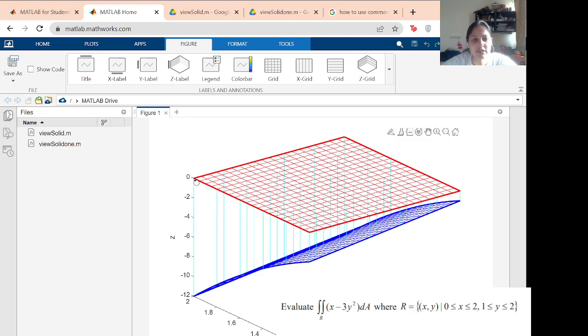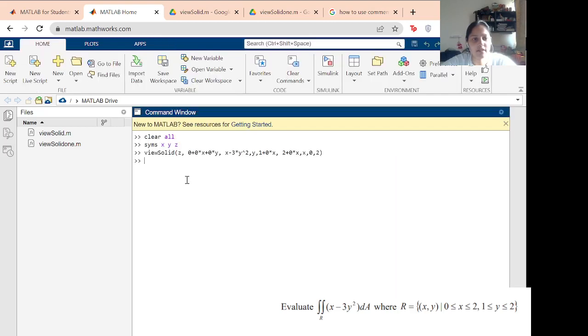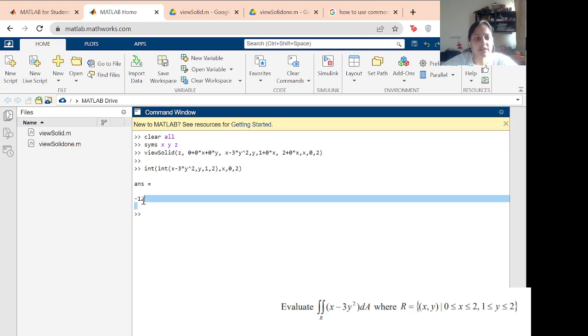As you can see that z is negative, so the answer should also come out negative. So just to check, we use our double integration format, which is double int. So in this we have double int, and so the answer is -12.